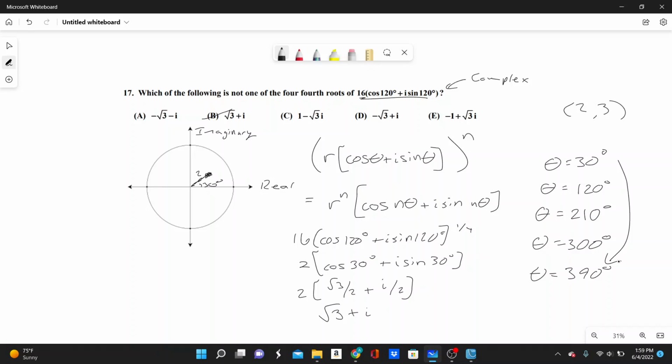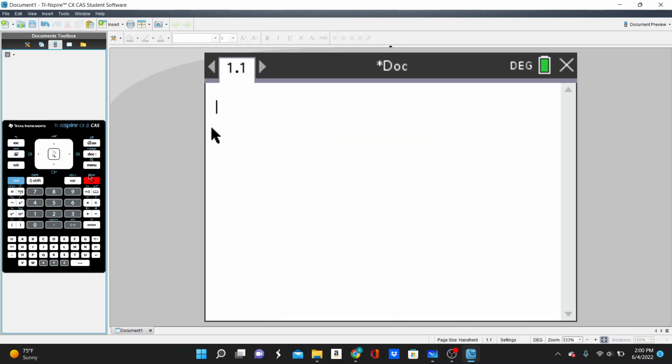And if you were to evaluate all of these, you would just slowly cross off the ones that you got, and then you'd be left with the one you don't have. I don't really want to evaluate that, to be completely honest with you, because that might take a second. So I'm going to show you a trick with your TI Inspire that will hopefully make this process a little bit quicker. You want to pull up your TI Inspire.